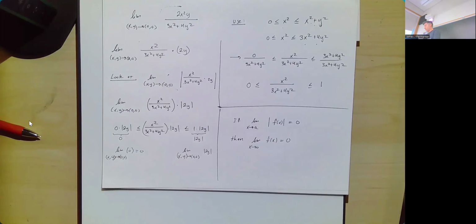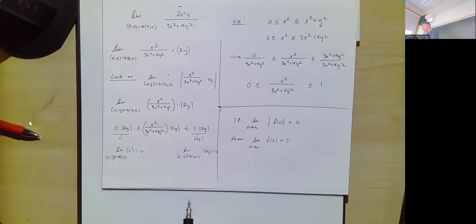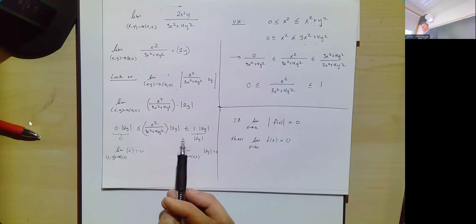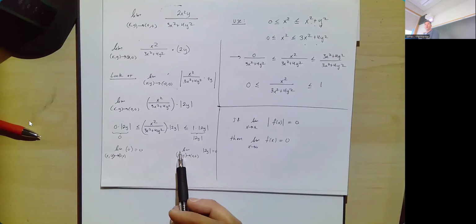Right, as y gets closer and closer to 0, 2 times y also gets closer to 0, and so does its absolute value. And then, since this middle thing is between those two things, and the limit of those two things is 0 on the left and 0 on the right, the squeeze theorem tells us that the limit of the middle thing has to also be 0.